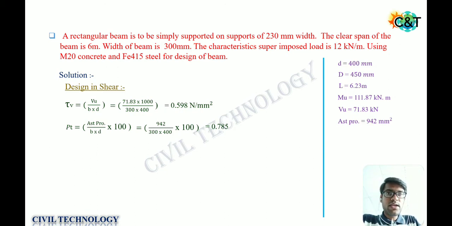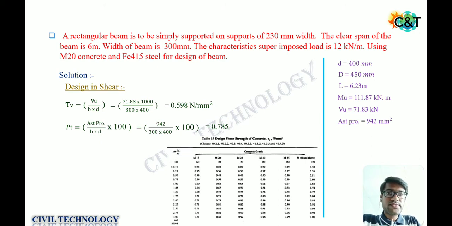For that we have to use a table which is already given in IS 456, Table number 19, design shear strength of concrete. For that we require the grade of concrete and the percentage of steel. We already calculated the percentage of steel, that is 0.785. Here you have to interpolate between two values, because for 0.785 the IS code doesn't give the exact value.